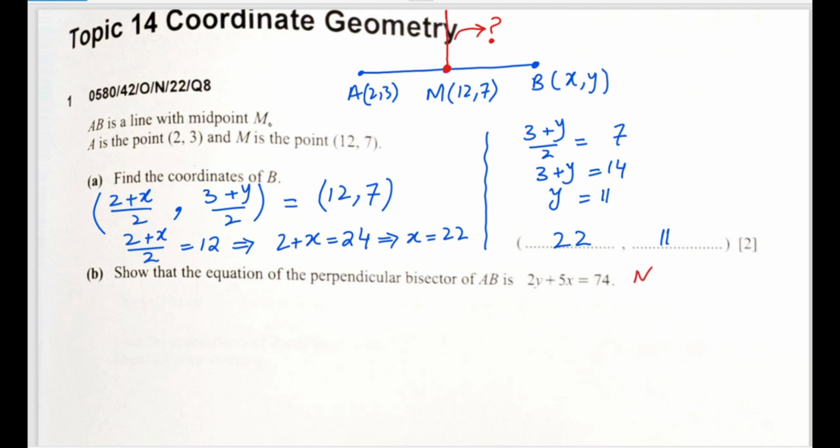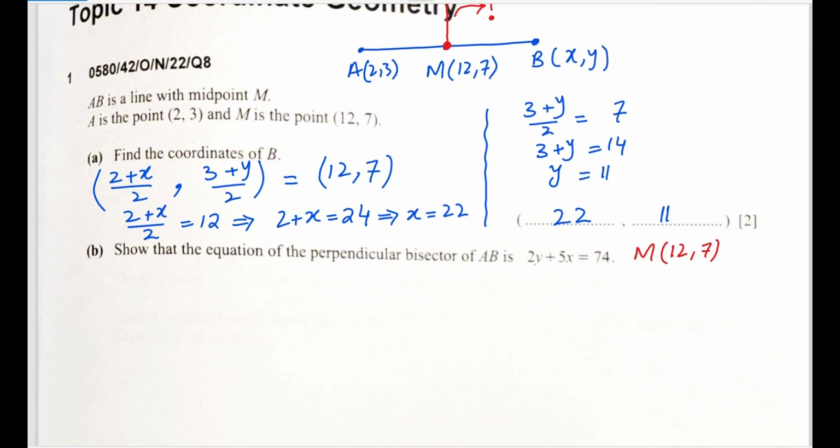So it means that one of the coordinate points of this perpendicular bisector is (12, 7). Now we will find the gradient of that line. In order to find the gradient, first we find the gradient of line AB, and if we take the reciprocal of this gradient with negative sign, this will become the gradient of the perpendicular bisector.